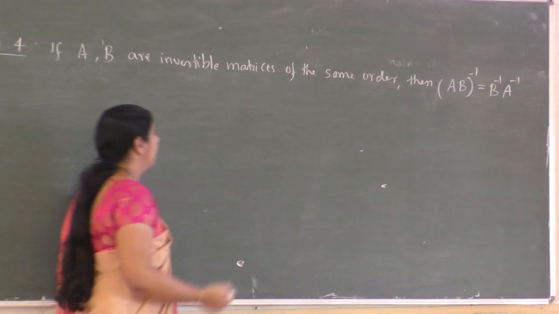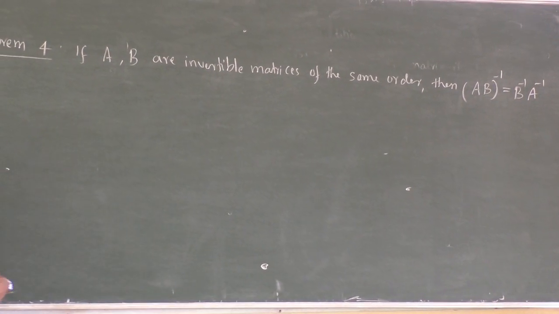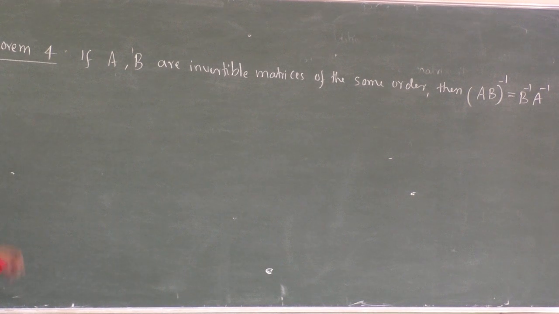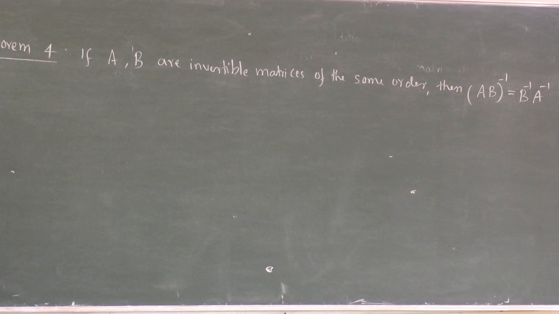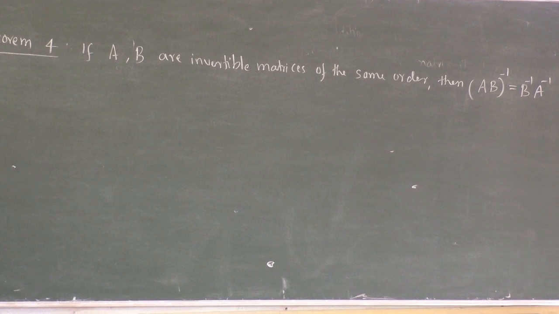If A and B are invertible matrices of the same order, then (AB) whole inverse equals B inverse into A inverse.